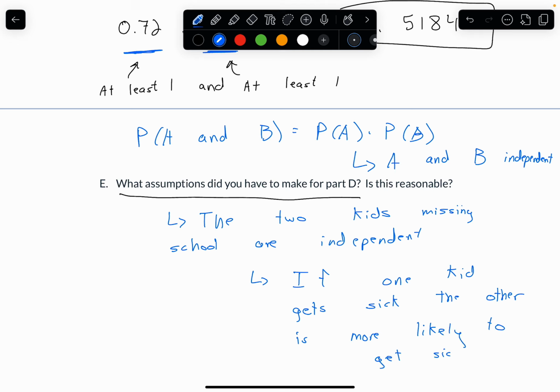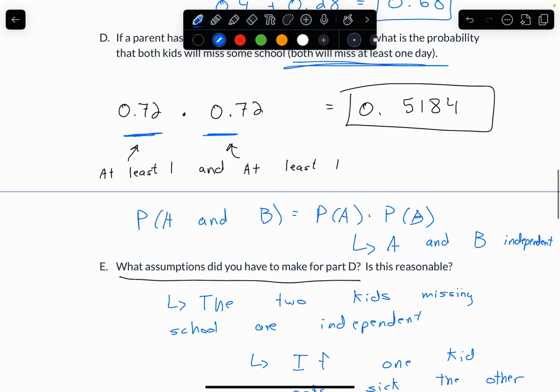Now, what that means is I really probably shouldn't have used this formula up above in Part D. Unfortunately, there is no other way for me to answer this question. I would need a little bit more information about the likelihood that 2 kids living in the same household both get sick, but I don't have that, so we're just going to have to go ahead and use the shorthand in order to answer this question.